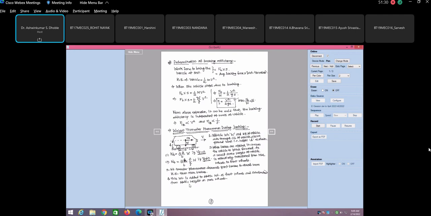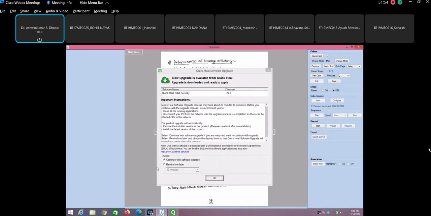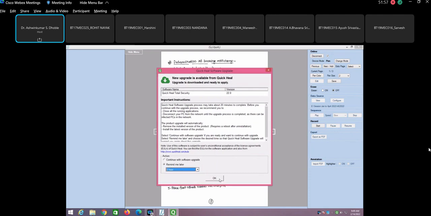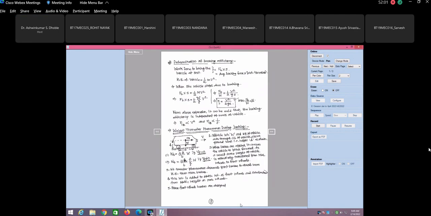Hence, the front wheel brakes are designed to absorb this extra energy due to weight transfer.